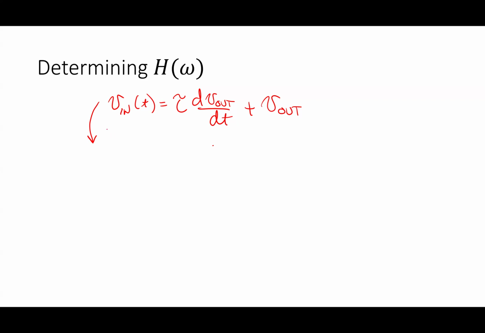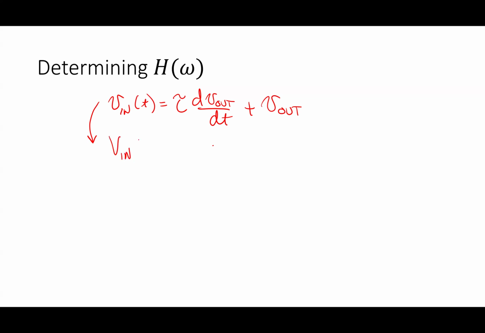So what do I do with the left side? That should be the easy side. If I have a v in of t, I replace that with what? Do you replace it by V in of omega?